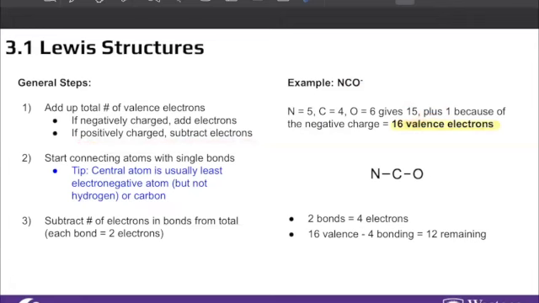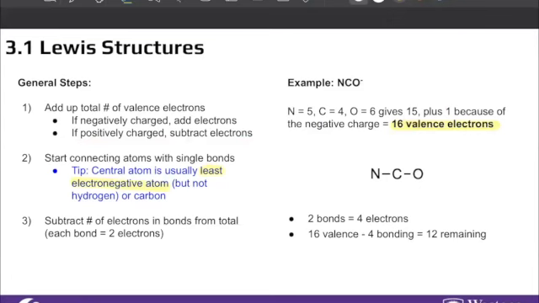All right, so now you want to start making the framework of your Lewis structure and just connect your atoms with single bonds. Now, sometimes it can be tough to know which atoms are connected. So I honestly would just say use your best intuition of what you think looks right. As a tip, usually the atom in the middle is going to be your least electronegative atom.